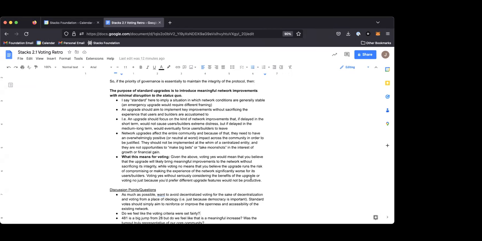And when I say standard, I'm trying to imply that the situation is one in which network conditions are generally stable. I think in the situation of an emergency upgrade, that would probably require different framing. But does anyone disagree with that premise that we're trying to maintain the integrity of the protocol and the chain above all else?